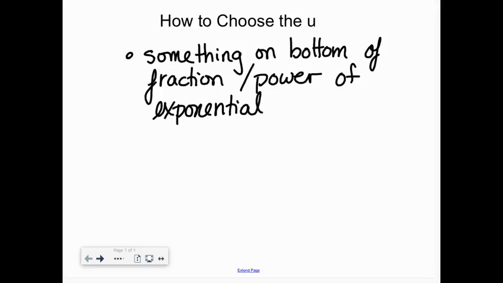Now, the other thing to remember is to think about how substitution was defined.